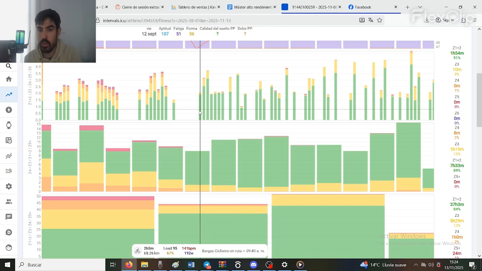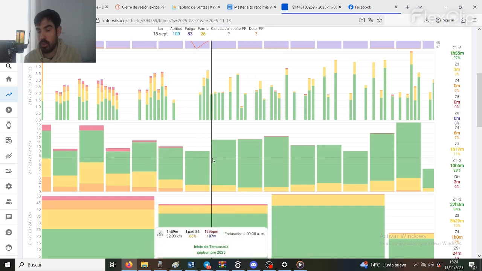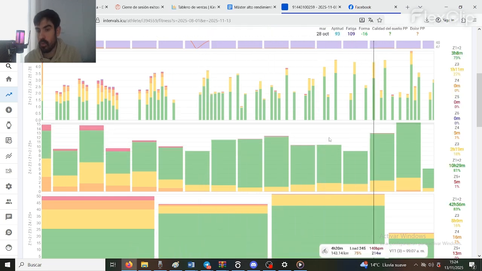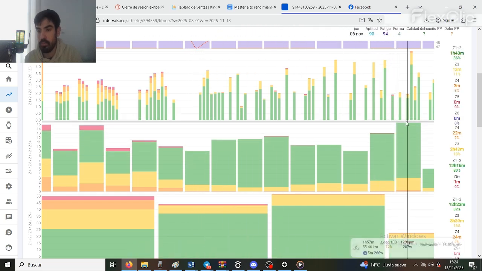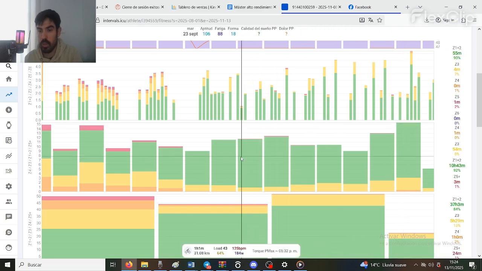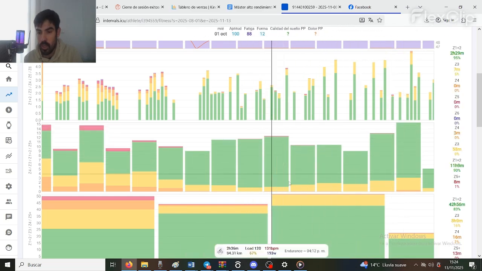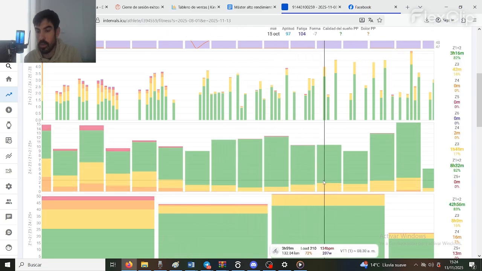So as you can see here, in the distribution there is a kind of progression. If we trace a line from this first week up to this last one, you can see that there is an increase in volume as well as intensity.